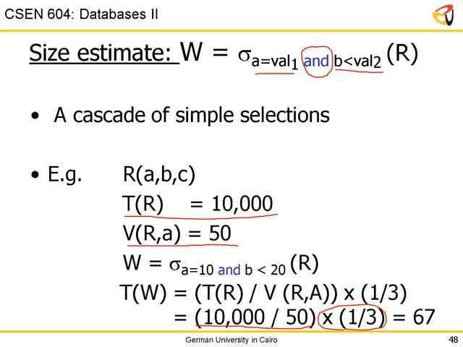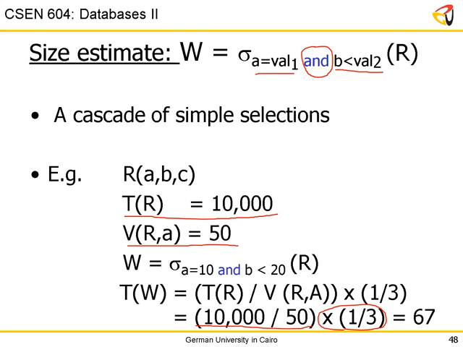So here's what I'm going to do. I will just run it from left to right. If I run this one first, I will get 1 divided by 50 multiplied by 10,000. That's 200. Now, I'm going to say I want those 200 rows coming out from this to also satisfy B less than val 2.